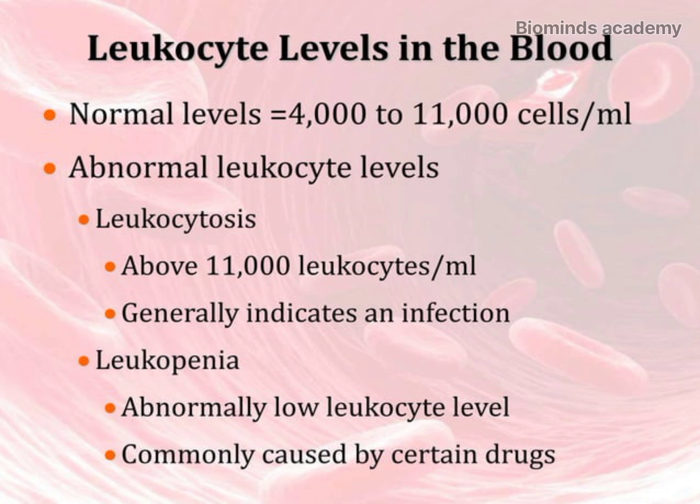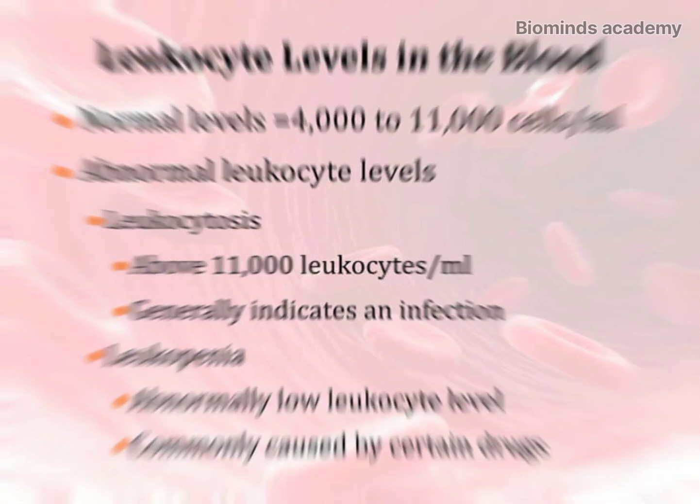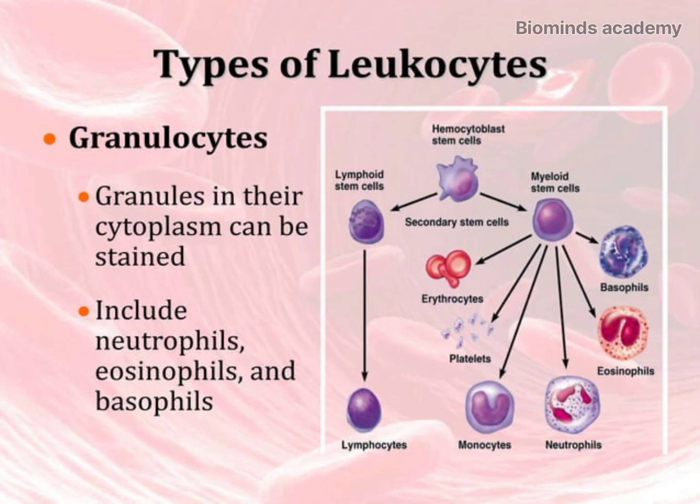Abnormally low leukocyte levels are commonly caused by certain types of leukocytes, or types of WBC: granulocytes and agranulocytes.